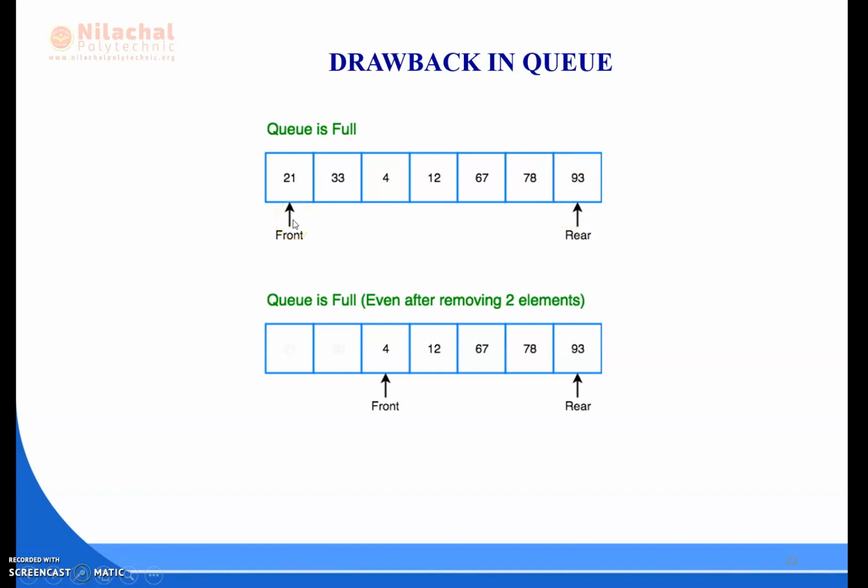And when we need to delete, we delete from the front position. That is, first 21 is deleted, then 33 is deleted. But when we try to insert, it will show there is no space left. That is, even after removing 2 elements, we cannot insert any data element.